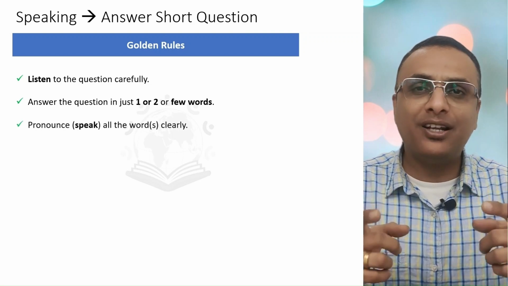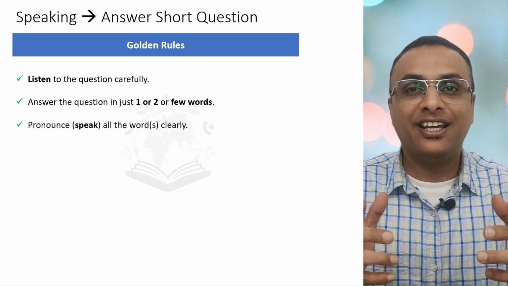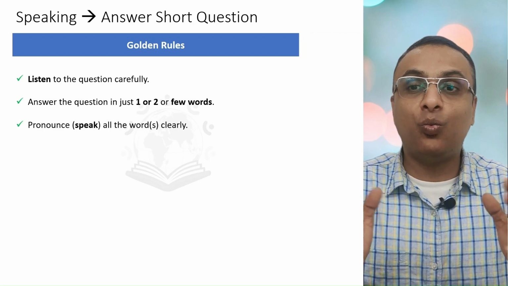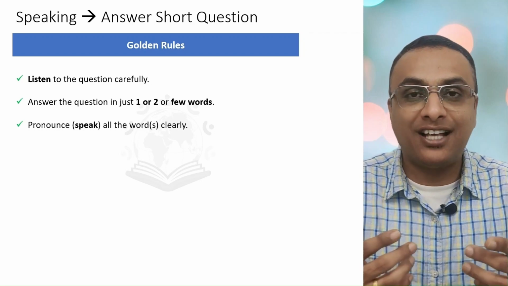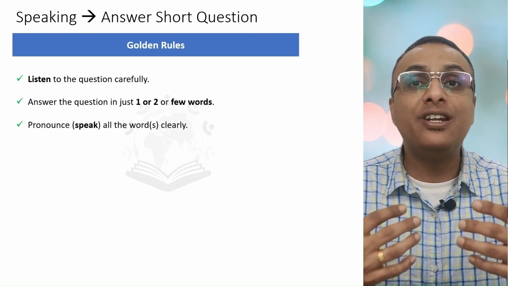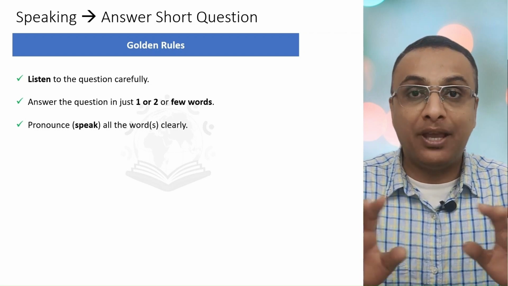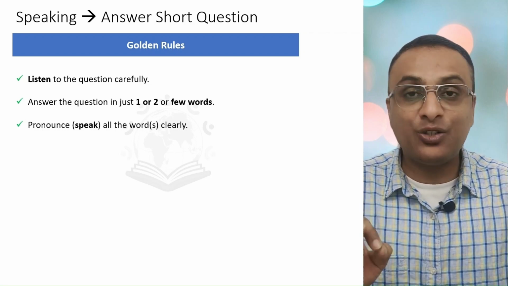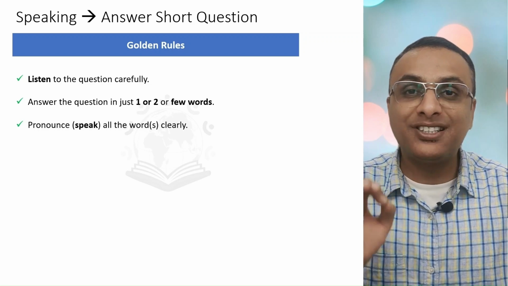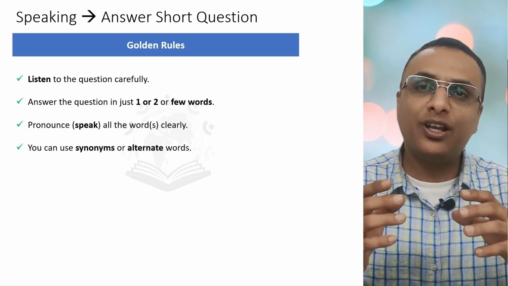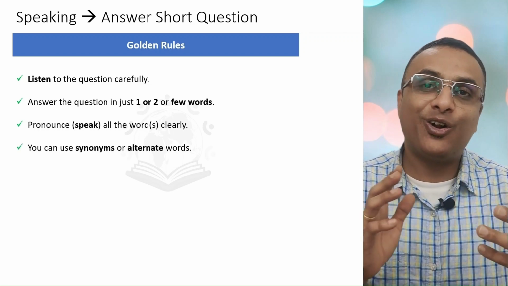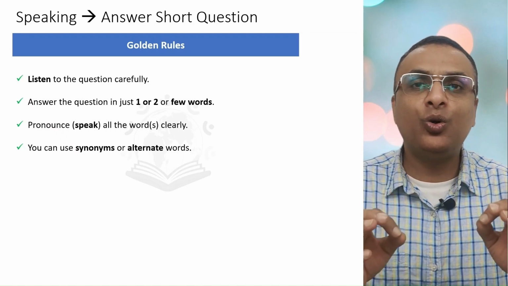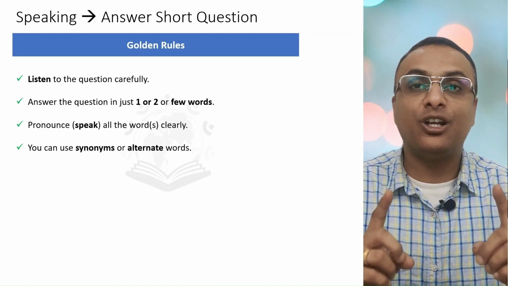Next, pronounce the word correctly. If you cannot pronounce the 1 or 2 words that you are saying as an answer, PTE will not be able to listen to those words and may not give marks. So please speak those words correctly. Next, you can use synonyms or alternate words if you don't know the precise word for that particular question.